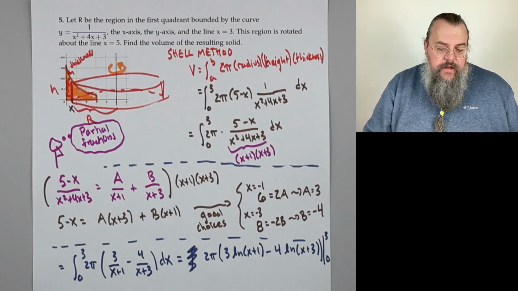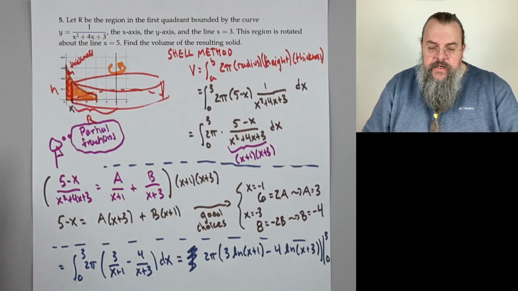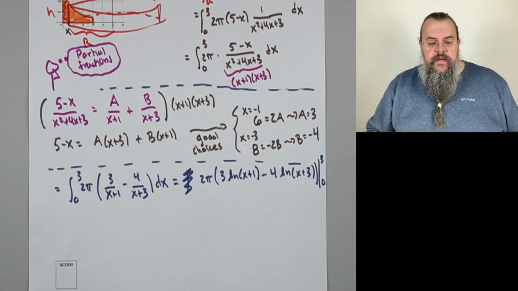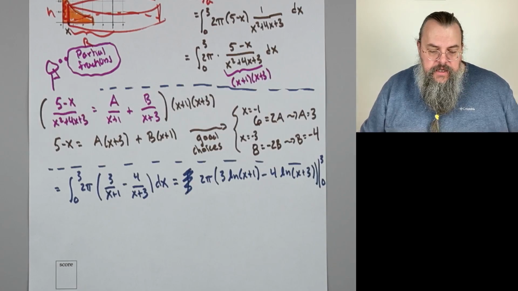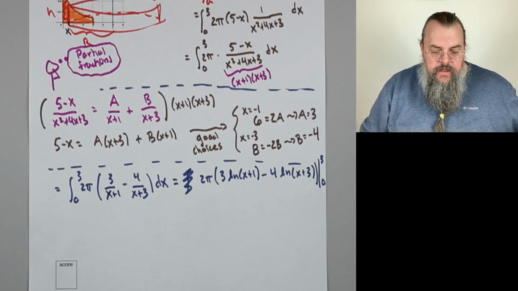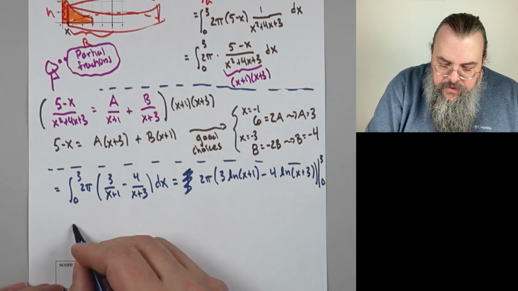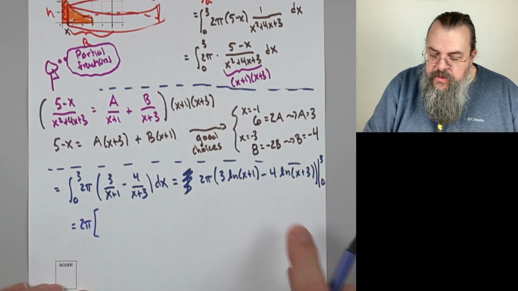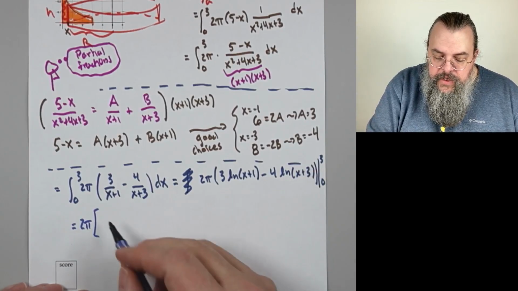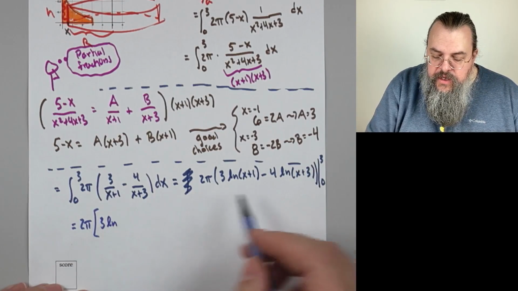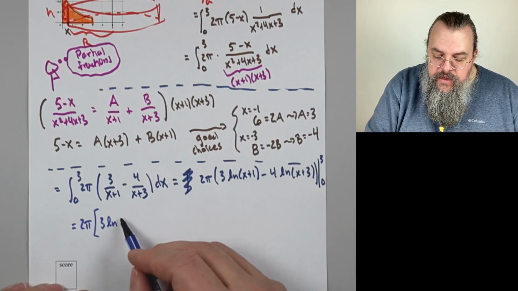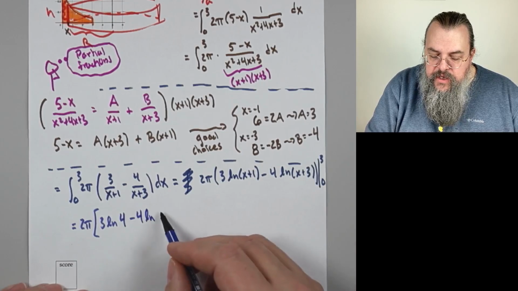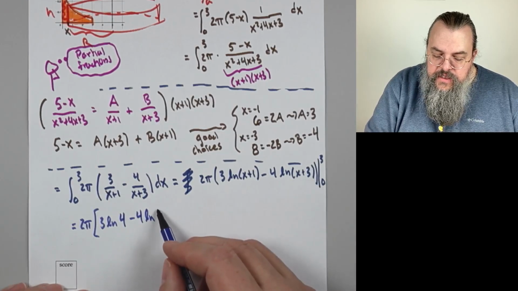Okay, we're almost there. Let's move our page up a little bit here. And, okay, what do we get? This is equal to, we have a 2 pi out in front. Now, plug in 3. We'll have 3 natural log 3 plus 1 makes 4, and minus 4 natural log 3 plus 3 is 6.